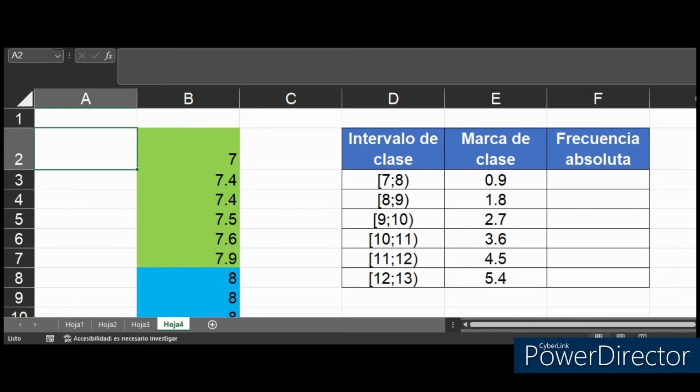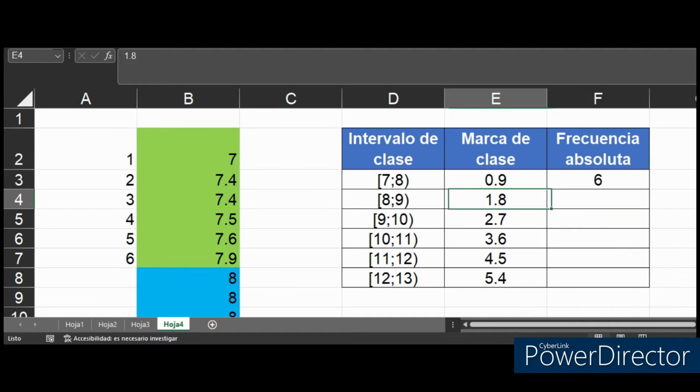For the absolute frequency, we only have to count how many of the numbers in each class interval are in the data that was given, ranked from lowest for convenience.